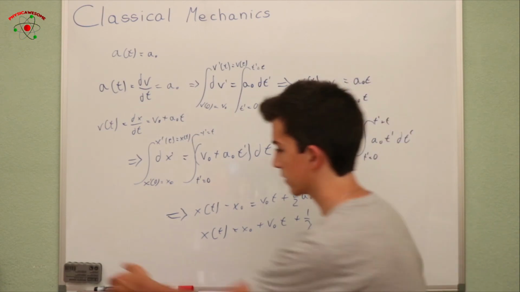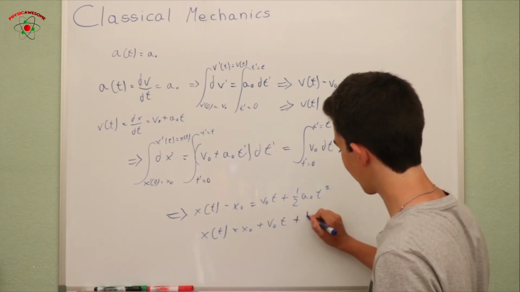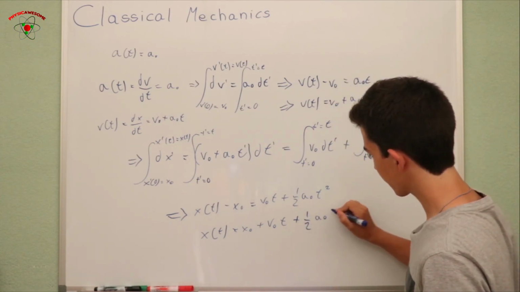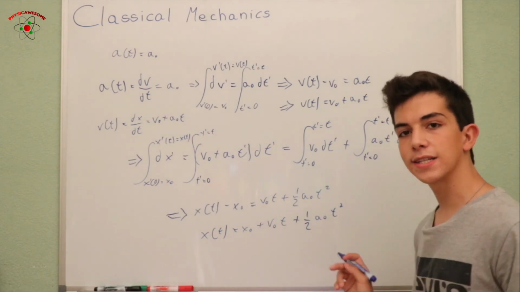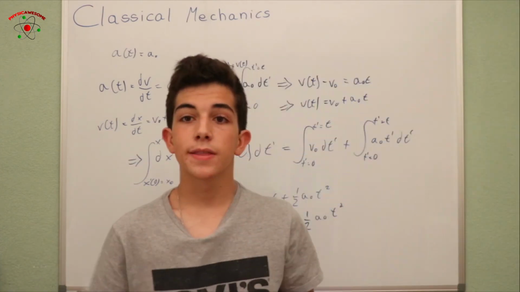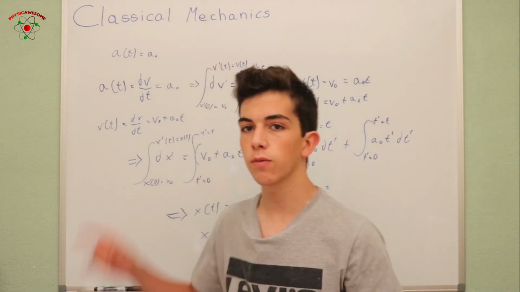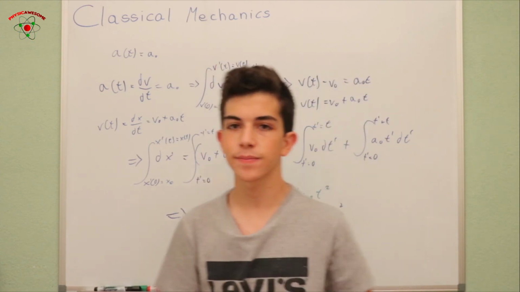Oh, that's not a 2 right there. Let's write again that 1/2. And that is how you reach position from acceleration. These are the most basic tools we will use in our kinematical analysis of classical mechanics.